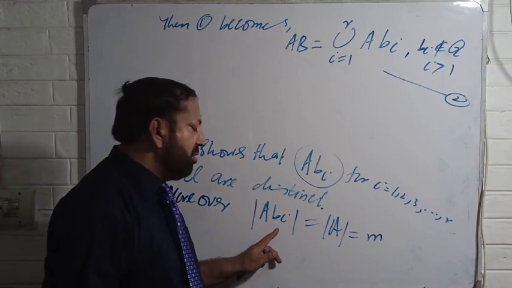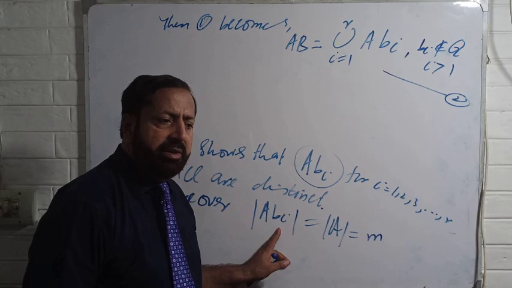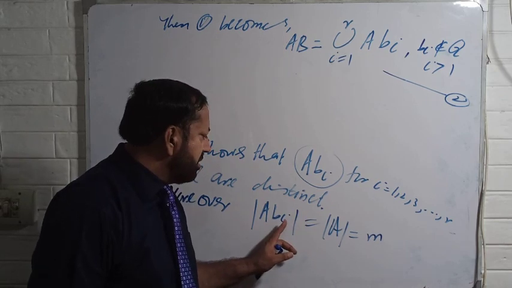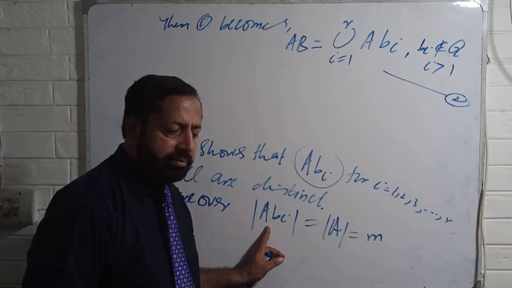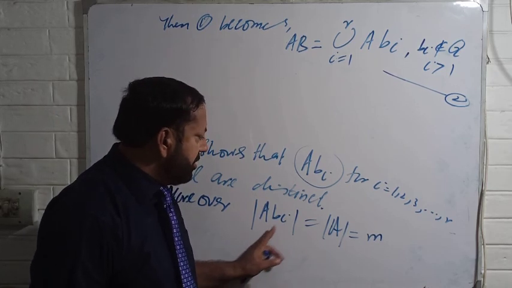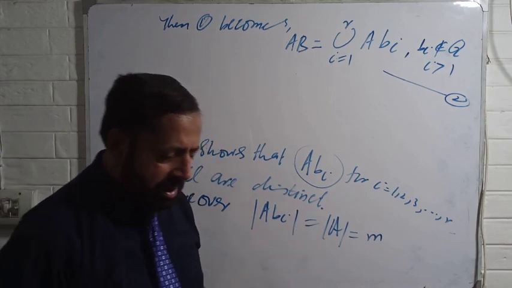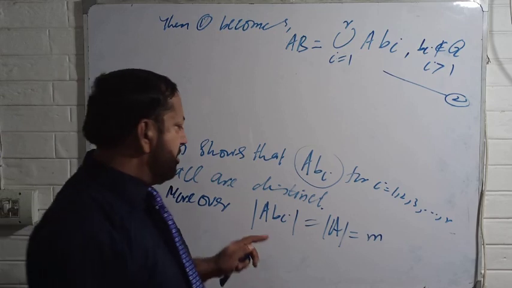You can write here the logic that any two right cosets of Q in A are isomorphic. There is a 1-1 correspondence between any two right cosets, right?